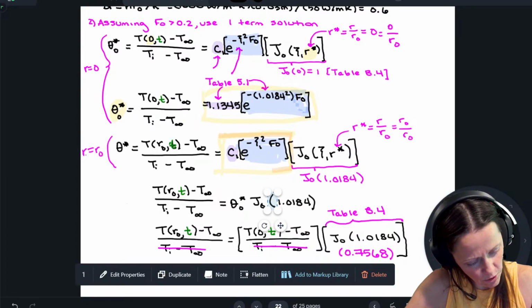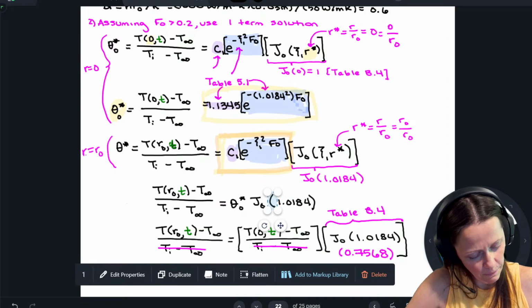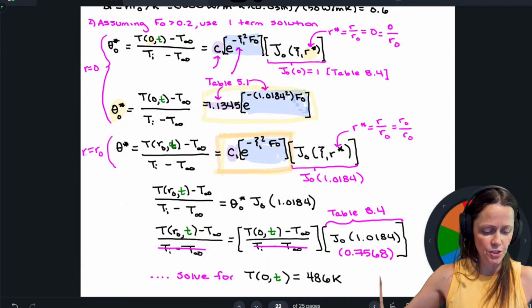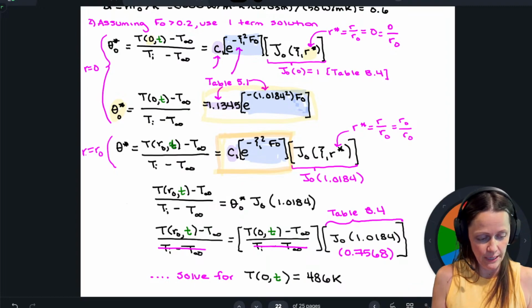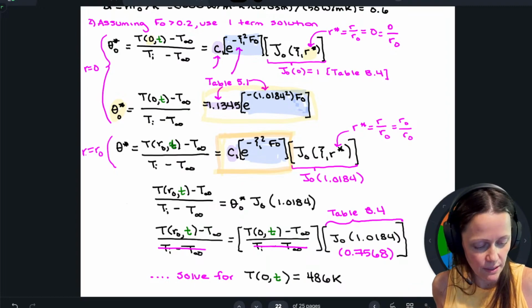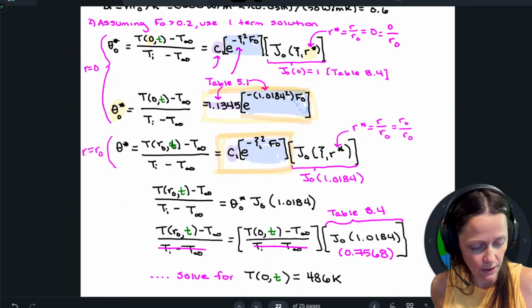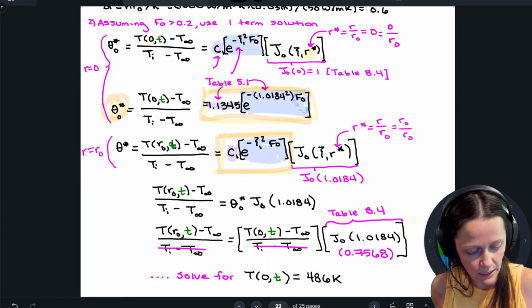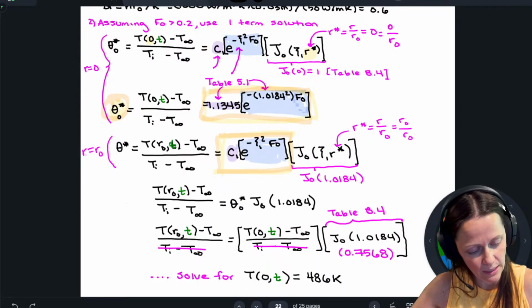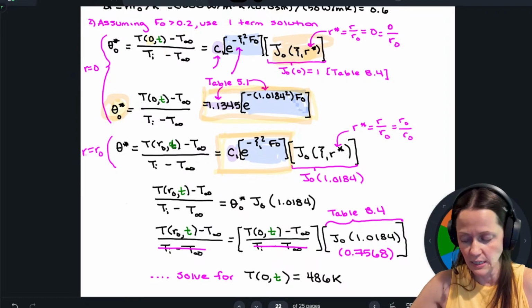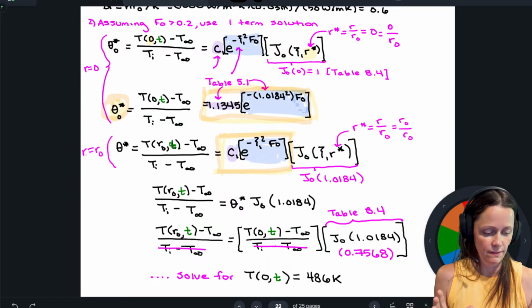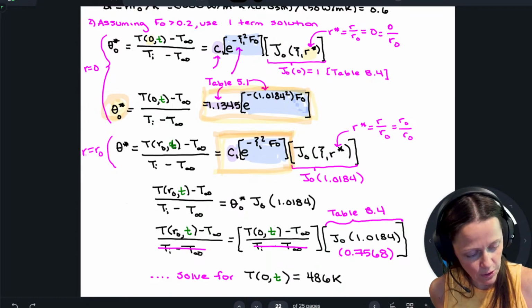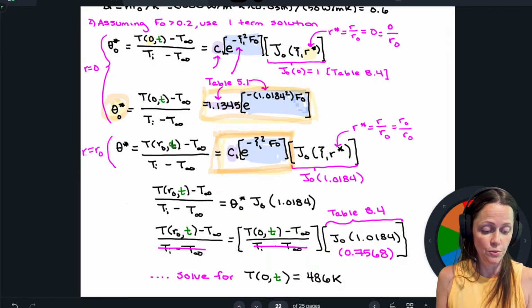This whole term right here in that equation that we were defining for theta star at R equals R naught is equivalent to this whole thing right here, because this last one ended up being just 1. So that whole box that I've highlighted in orangish right here is equal to theta star naught.